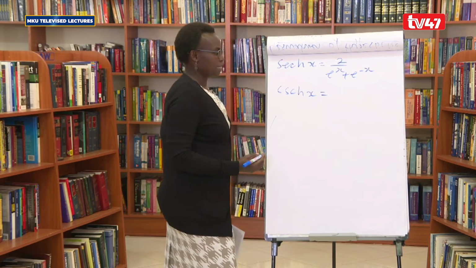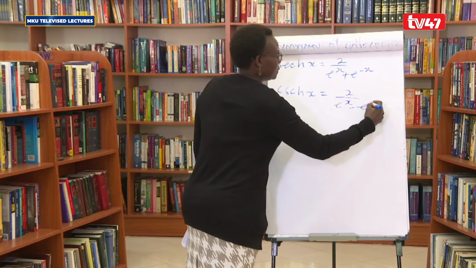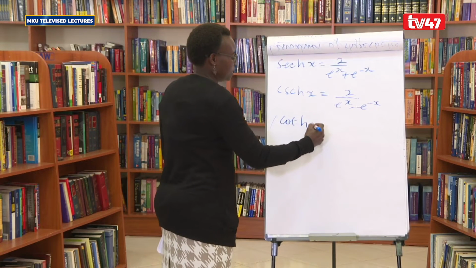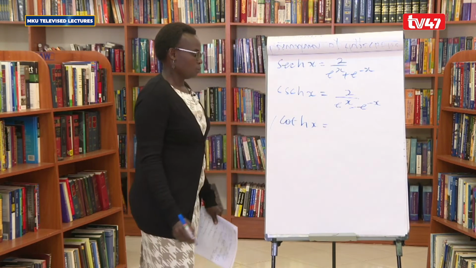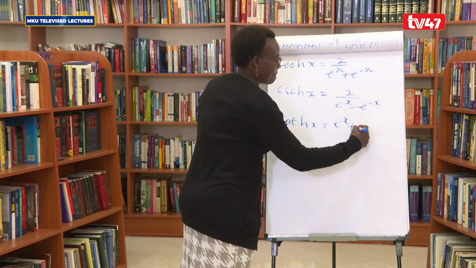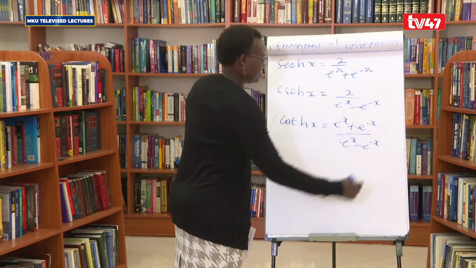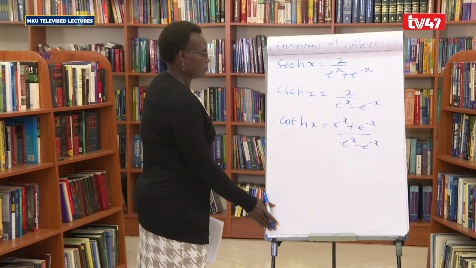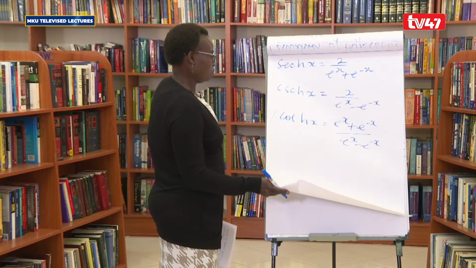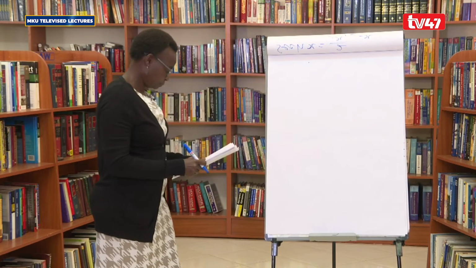This is 1 over sine, so this will give us 2 over e to the x minus e to the negative x, and then we have cot hyperbolic x, so this will be cos over sine, okay. So we can prove one of them.